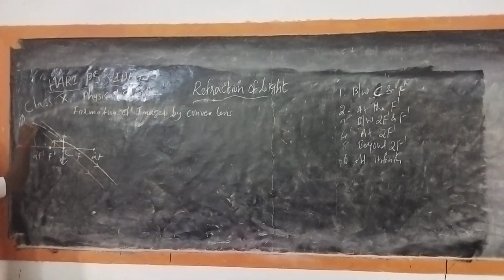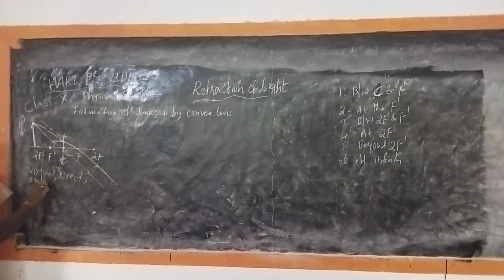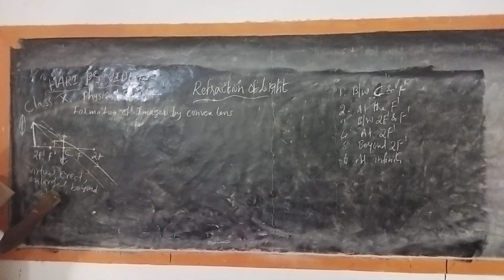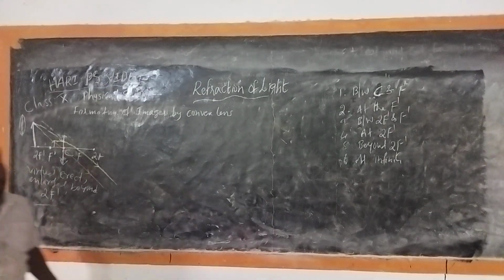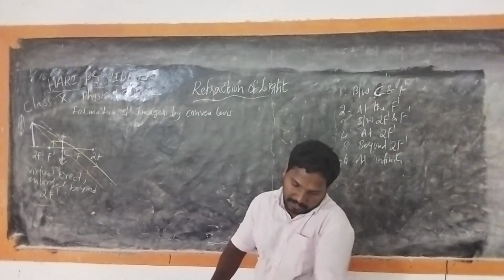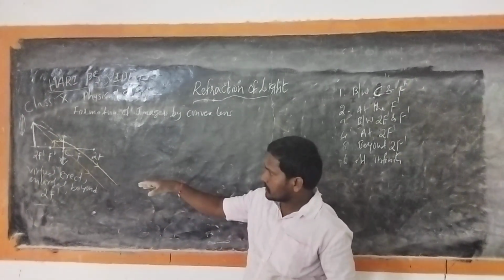So the image is formed behind the object: a virtual, erect, enlarged image, on the left side of the lens.